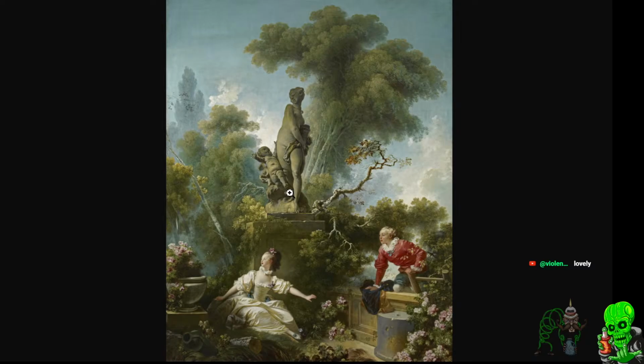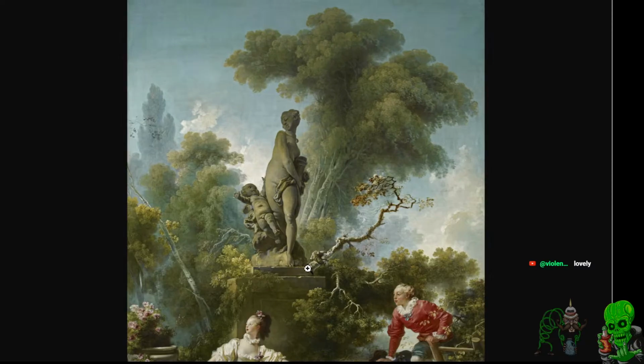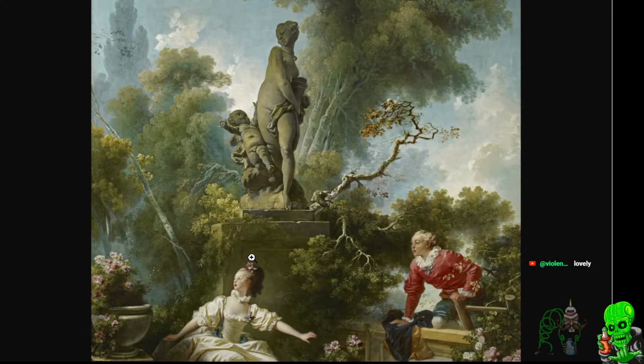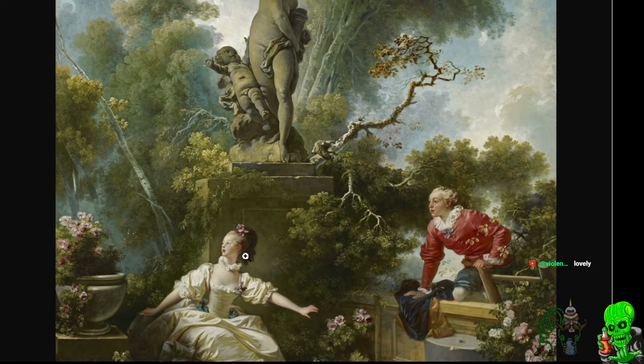And of course, the painting depicts a woman and her lover meeting in secret in the garden. Obviously he's got a ladder, he's climbing up the ladder to meet her while she's on the lookout. So they're both on the lookout to make sure nobody's coming.